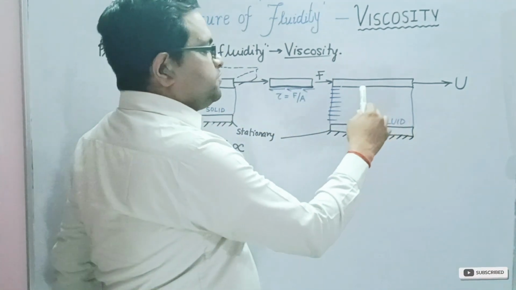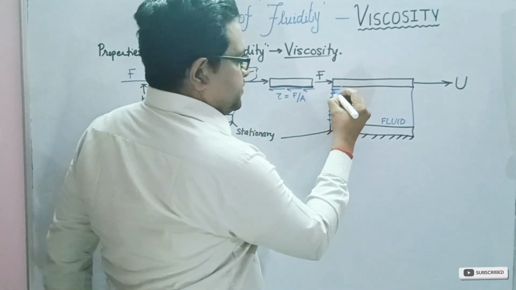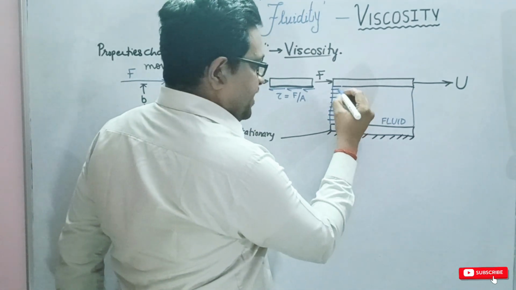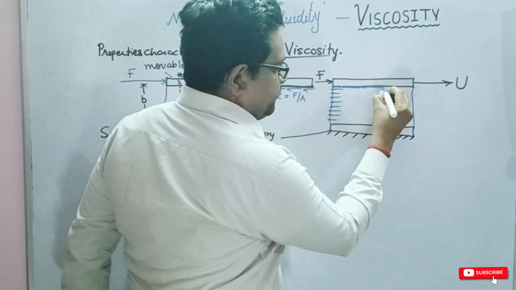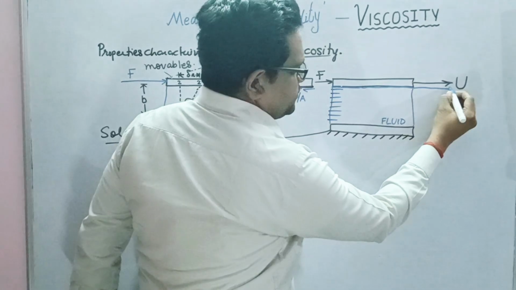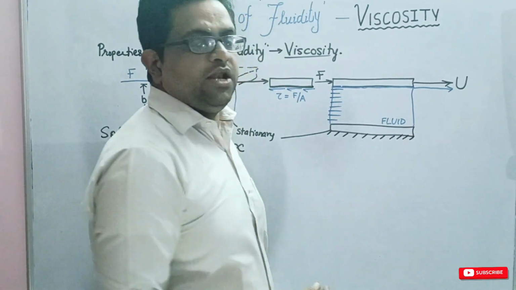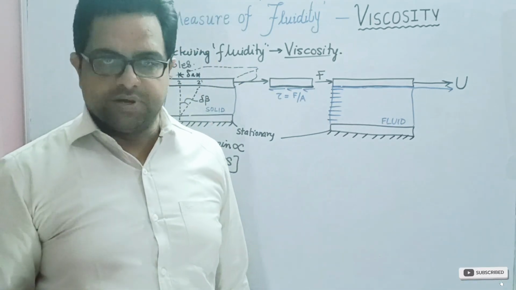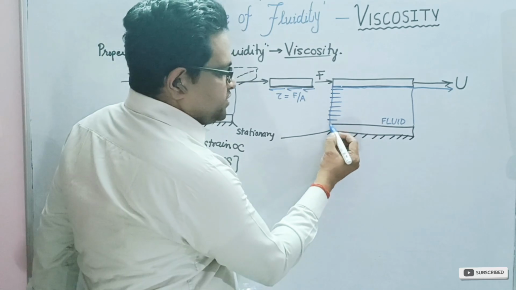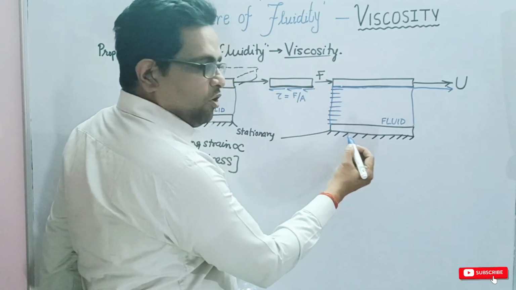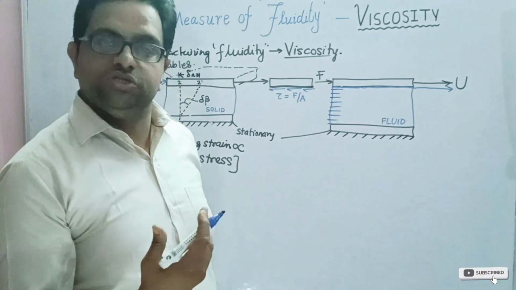We are talking about the contact surface between the topmost layer of the fluid and the above plate. Because of the force F, the topmost layer of the fluid will also assume the same velocity as the above plate, U. And this is mainly because of what we call the no slip condition. As we move downwards, the layer of the fluid in contact with the stationary bottom plate will stick, or assume a zero velocity.